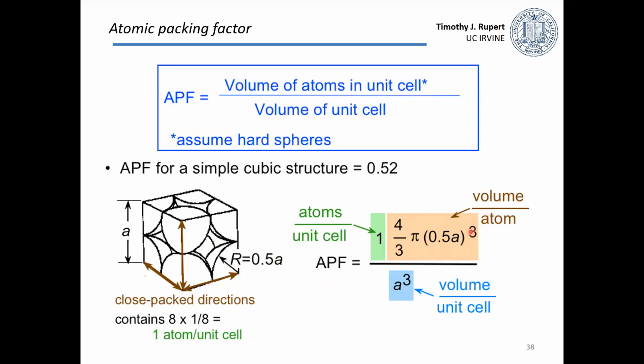So we can put that in terms of A. And finally, the volume of that unit cell, if it's a cube with lengths A, is just A cubed. We plug that in, and we find that the atomic packing factor for simple cubic is 52%. So that means only 52% of the volume in this cube is filled up with atoms.